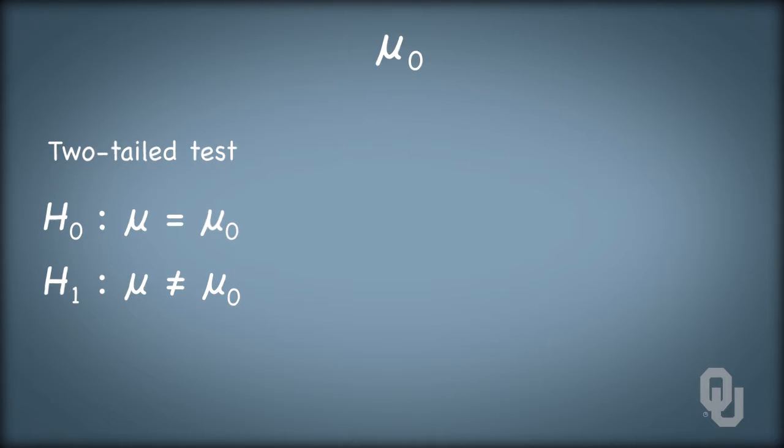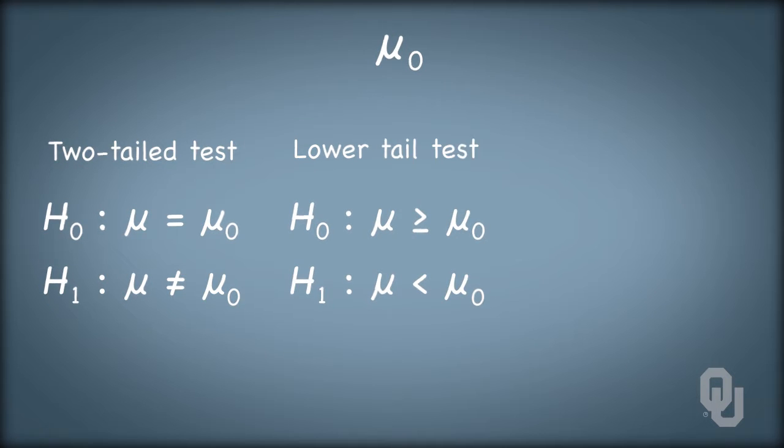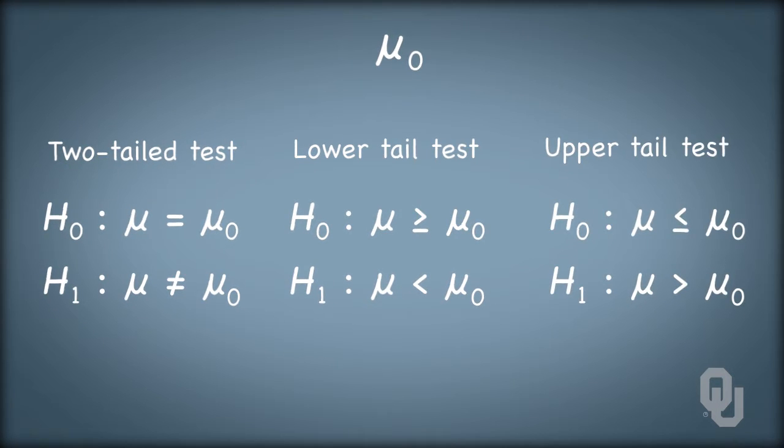Regardless of whether a hypothesis test is a two-tailed test, a one-tailed test in the lower tail, or a one-tailed test in the upper tail, you'll notice one common characteristic. The equality statement is always in the null hypothesis. We're always going to reject the null hypothesis in the tail. So the alternative hypothesis will always be associated with a statement made about the tail: not equal to, less than, or greater than.